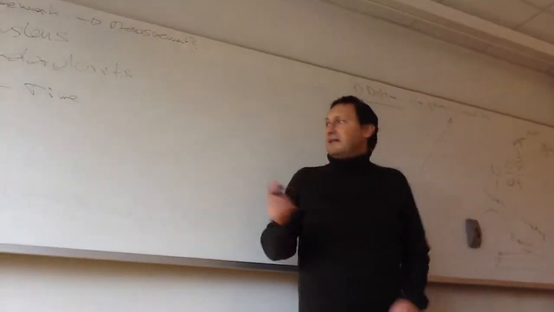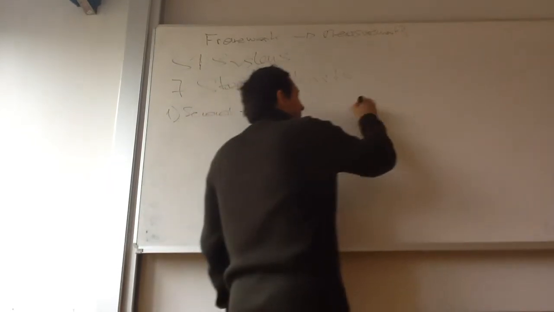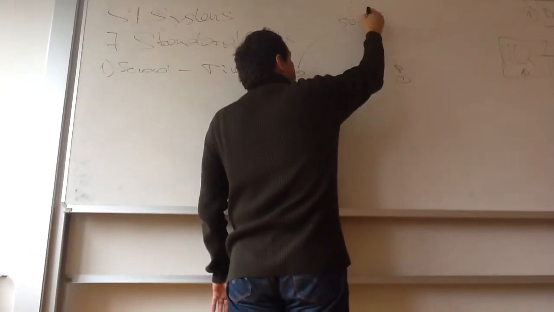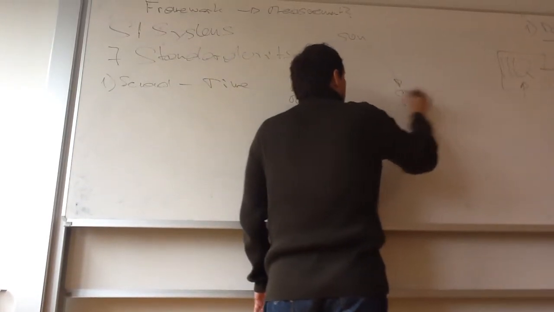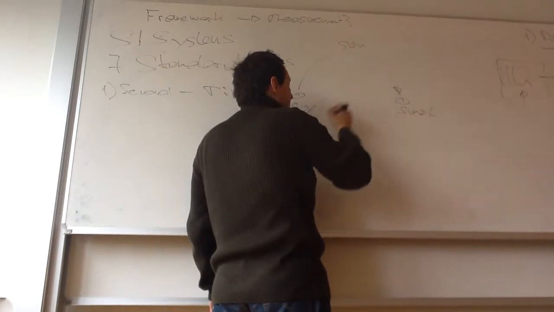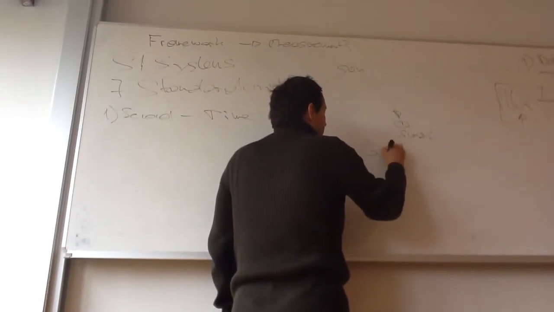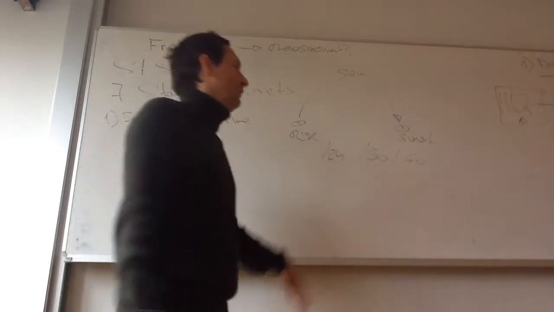But they defined that the time was from sunrise to sunset. And they divided the amount of time by 24, by 60, and by 60, and then we end up with 1 second.